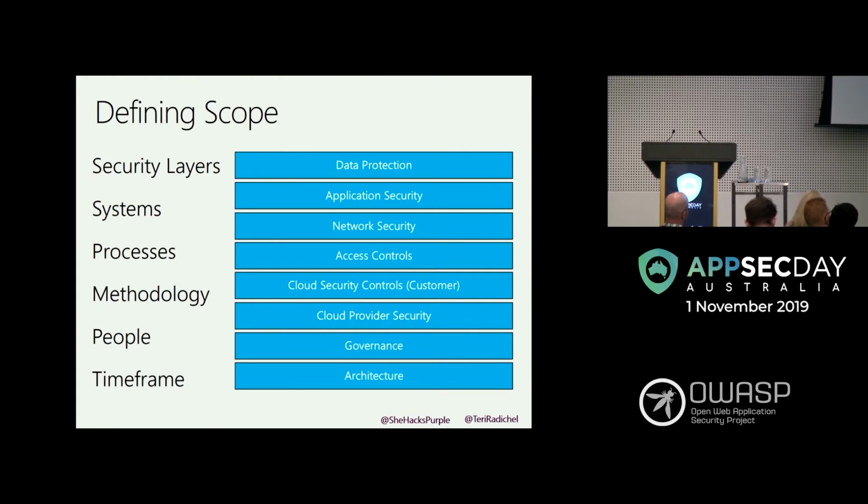A lot of times, you can look at individual components in the cloud and they could be check the box, the right thing. But when you put it all together in architecture, you could still have problems. And so these are all the things you want to discuss with the client, or if you're doing it in-house, with whoever you get permission from to do this, you want to say, okay, here's what we're going to assess.